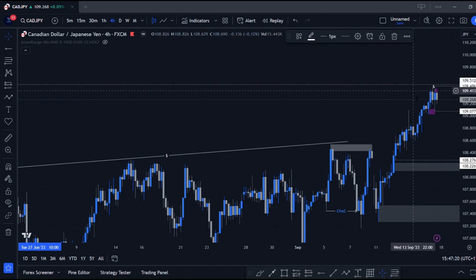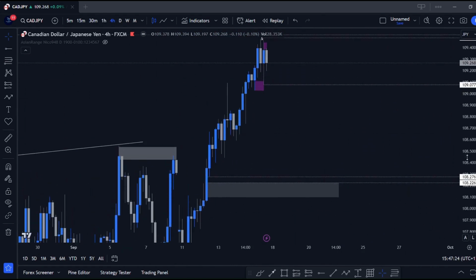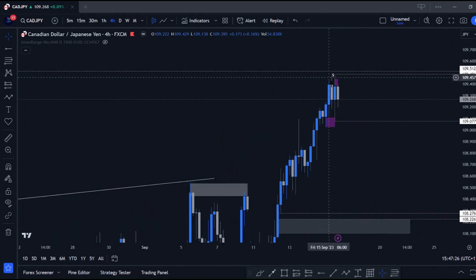This is my high time frame expectation of the CAD. I'm expecting price to sweep all the orders above this level, all those stop losses, so that price can create more liquidity in the market. So that is my take on CAD yen on the high time frame so far.